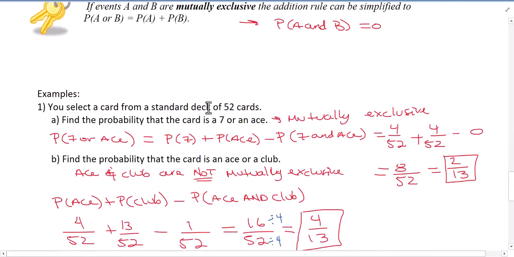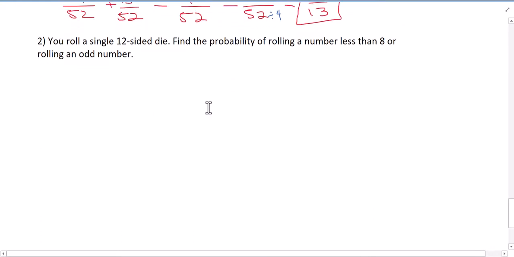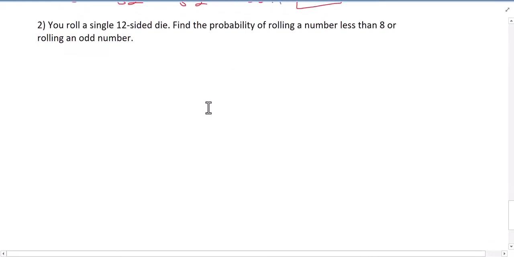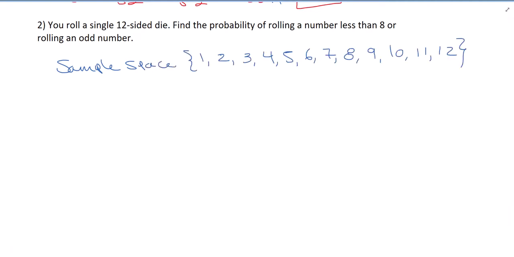So anytime that you can get your hands on the sample space, do that. So when you roll a single 12-sided die, what is your sample space? Your sample space is going to be the numbers 1 through 12. So there's our sample space, the numbers 1 through 12.